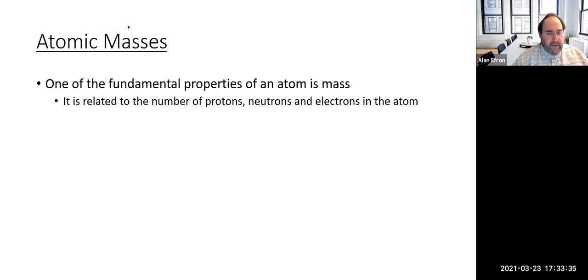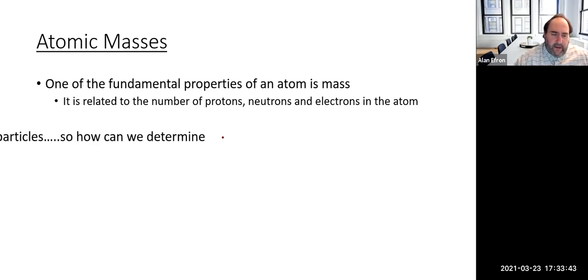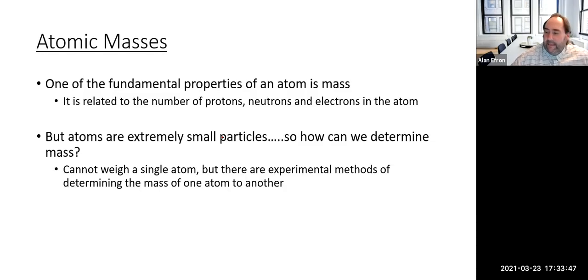So first off, one of the fundamental properties of atoms is its mass, and we do talk about the atomic mass. The atomic mass is that number that we see on the periodic table when we look at an element.